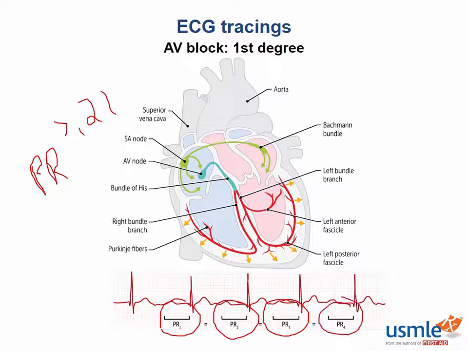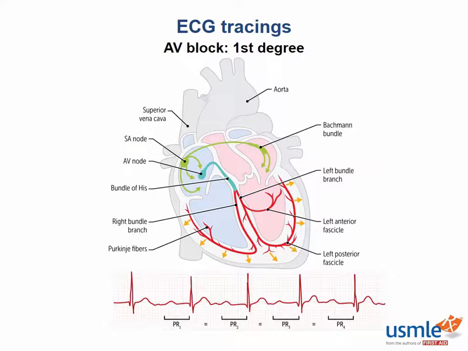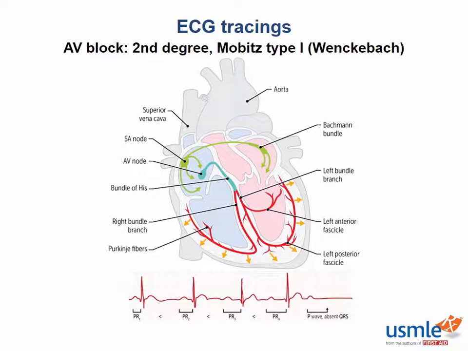You can see here they're all the same length and they're greater than 0.21. It is a benign condition. It's usually asymptomatic and there's nothing we really need to do. All there is, is a prolonged PR interval, meaning the electricity is staying in the AV node for longer than normal. That's it.